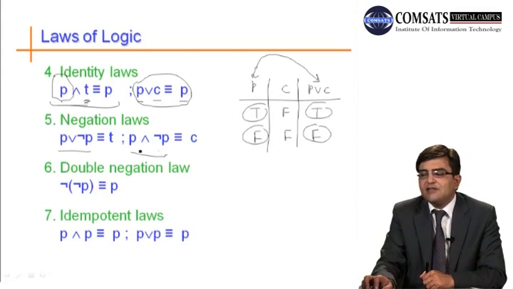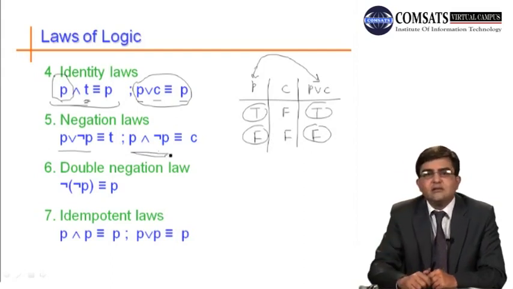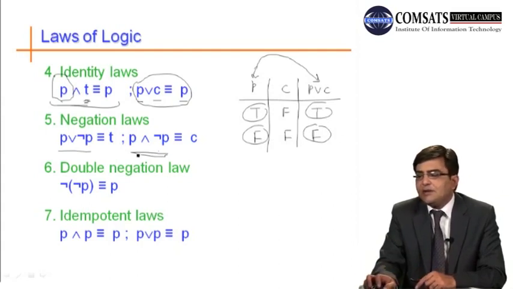So at least one of these two propositions has a false value in each row, therefore this compound proposition will always be false. Therefore we can say that P and not P is logically equivalent to C. So these two laws are negation laws.